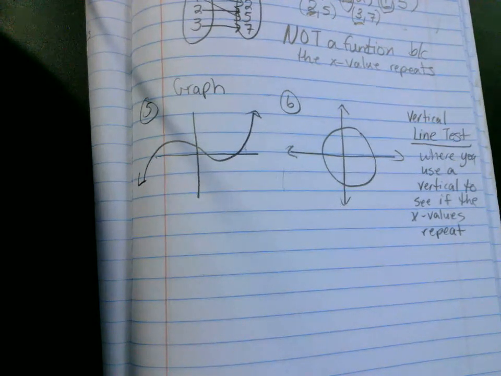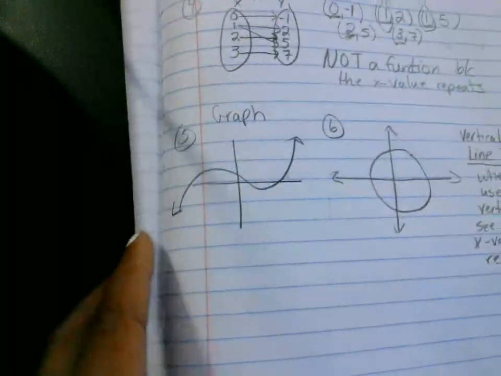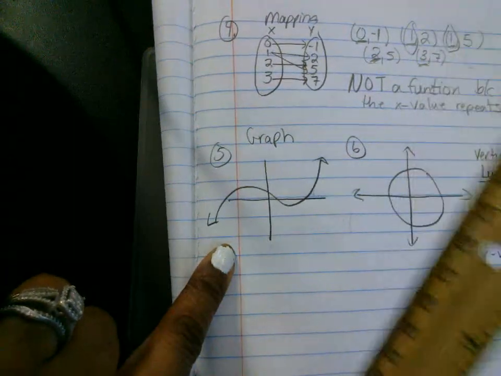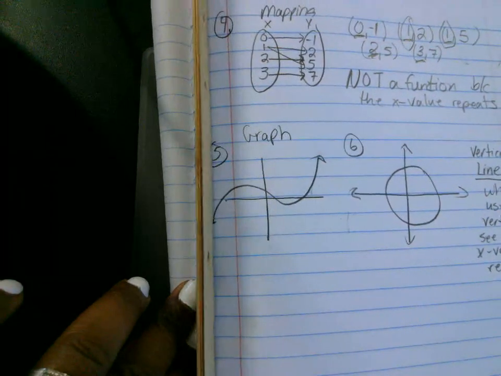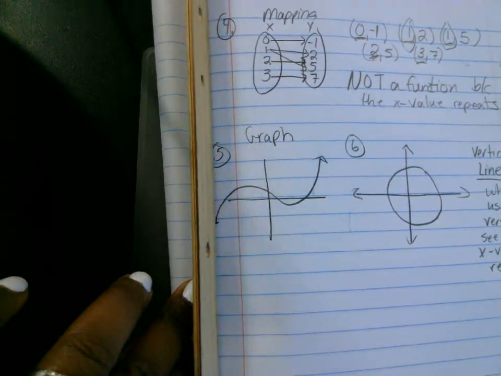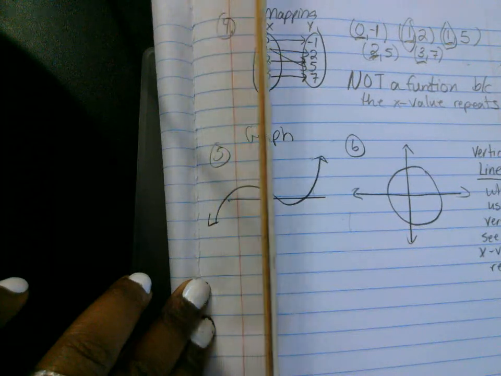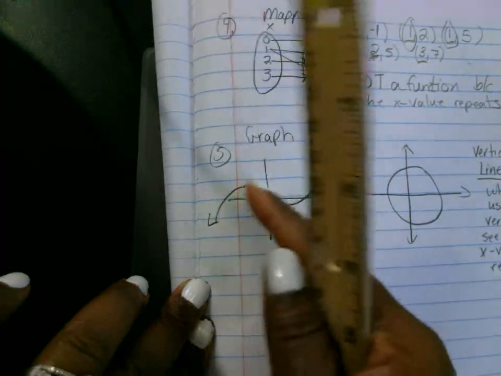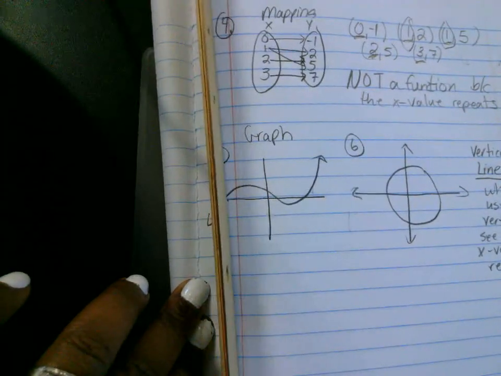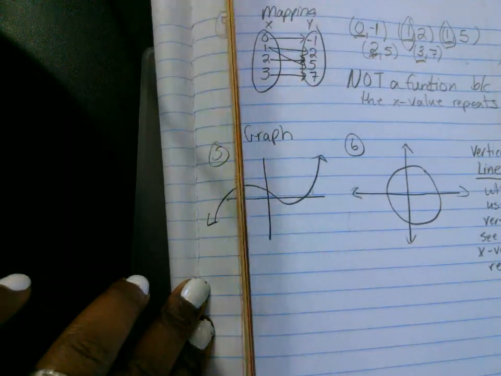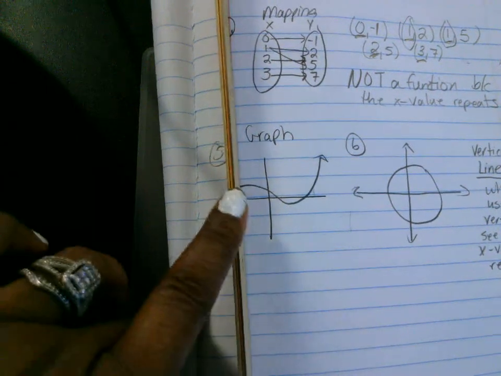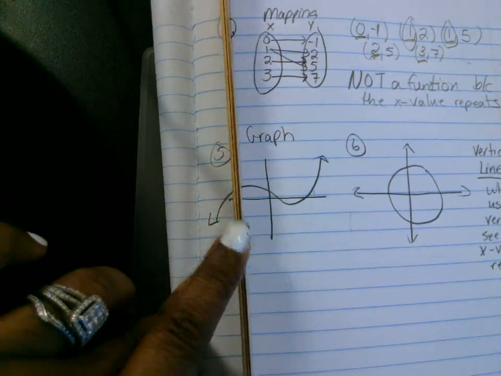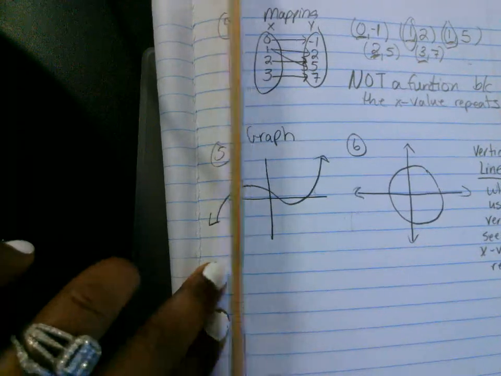This is how you do the vertical line testing. Watch me, and then you're going to do 4 on your own. For this first one, I'm going to start my vertical line, which is my ruler at this point, and move it across the graph. If the graph itself touches my pencil in more than one location at the same time, like it loops around and touches the pencil in more than one location, then it's not a function. Look at this.